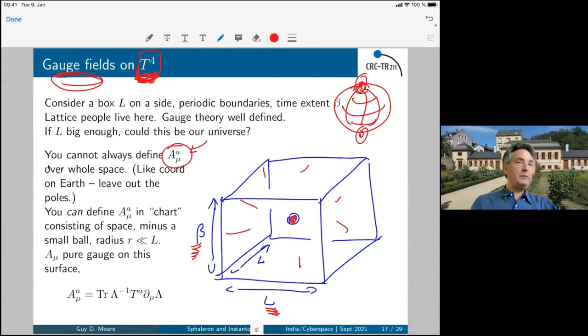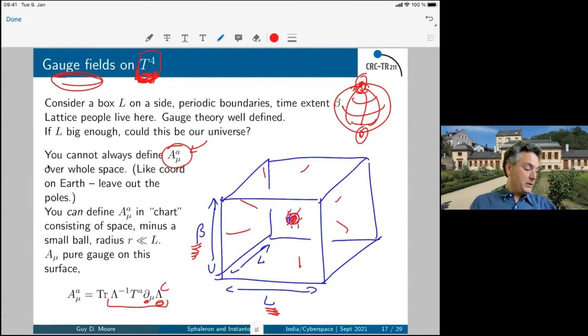And unless I'm stupid and pick a point where the field strength diverges, then if I make this little cutout very, very small, I can neglect the field strength at that point, which means that my gauge field will be pure gauge and can be described as some kind of a covariant derivative of a gauge transformation matrix defined over this little sphere.